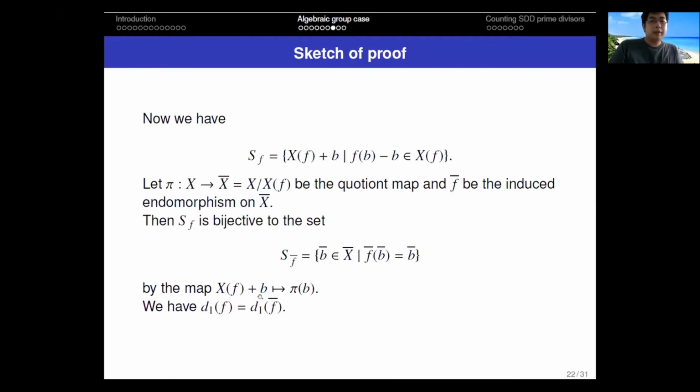The correspondence from S_F to S_F bar is given by this map. So it is sufficient to compute the number of S_F bar, because the dynamical degree is also preserved here.